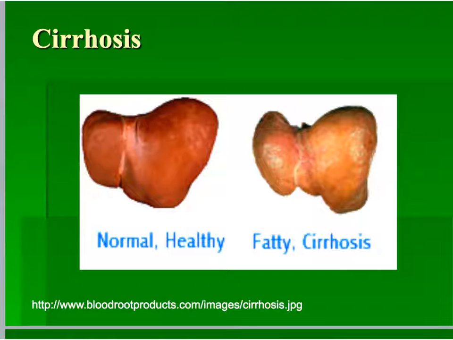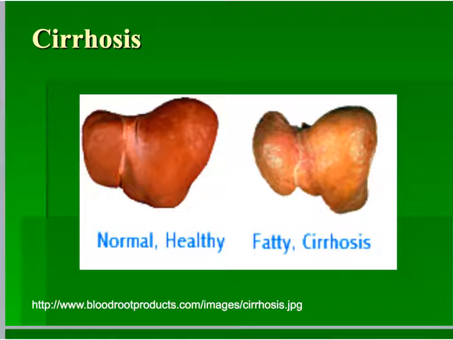This transamination process occurs in the liver, and we use certain enzymes: ALT, alanine transaminase, and AST, aspartate transaminase. When the liver is damaged, it is unable to use these enzymes to allow for the process of transamination.